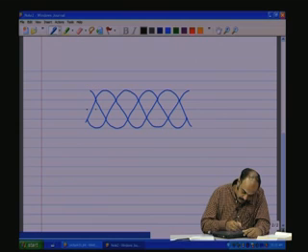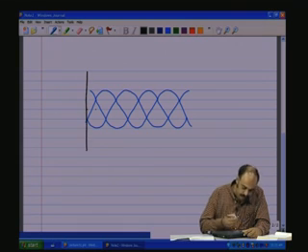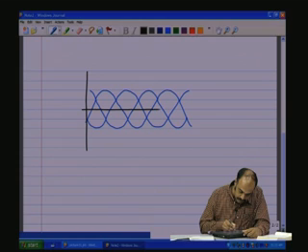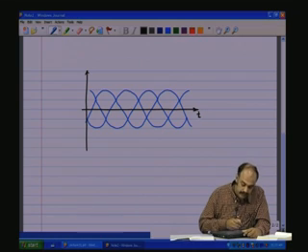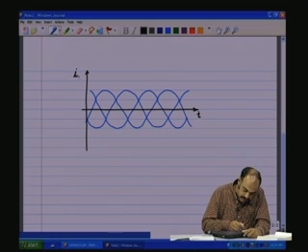And this would also be 30. So, let us say IA lags the line voltage by 30 degrees. This is time. These are the three-phase currents, I's.